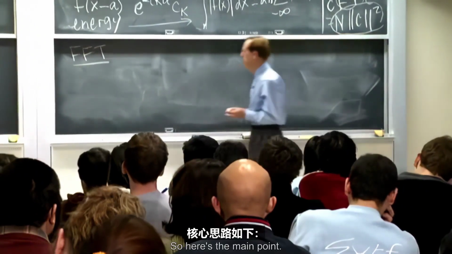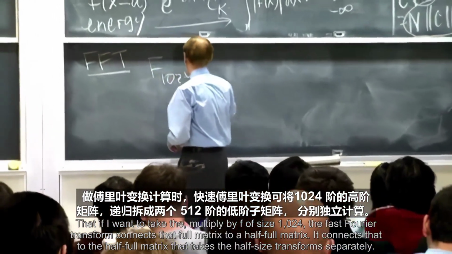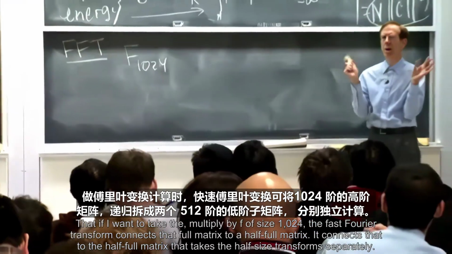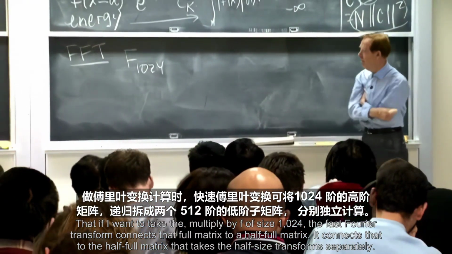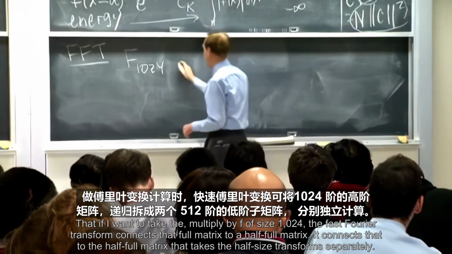So here's the main point: if I want to multiply by F of size 1024, the fast Fourier transform connects that full matrix to a half-full matrix.